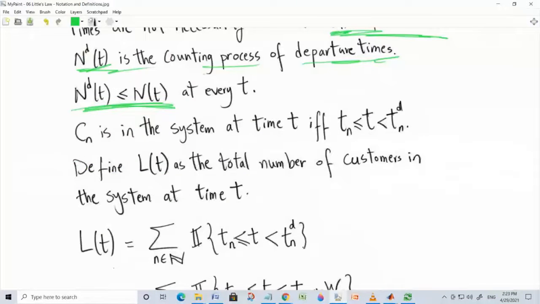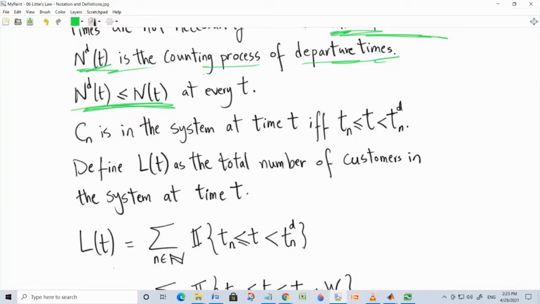Now you ask yourself this question. We want to write down a formula for the number of customers in the queuing system at time t.